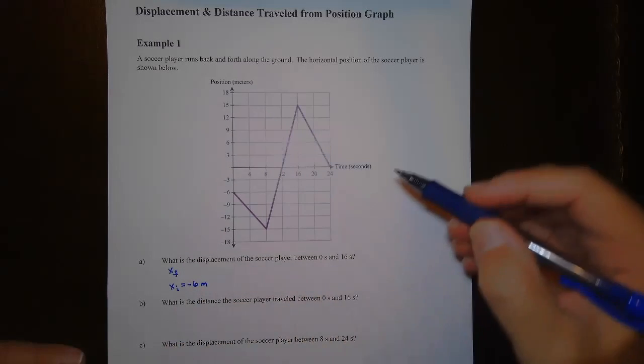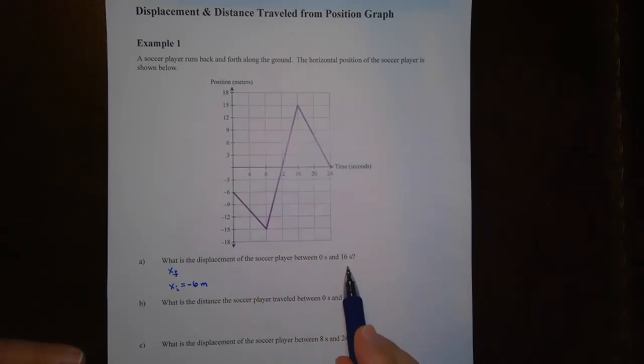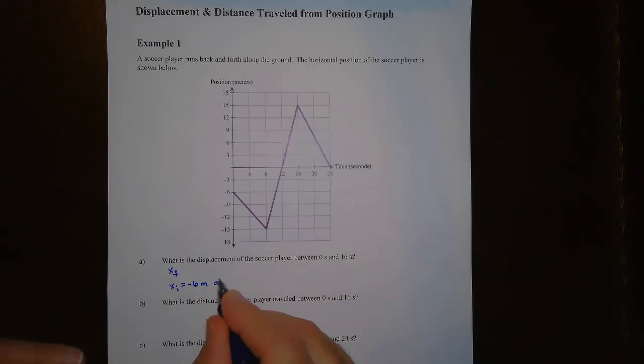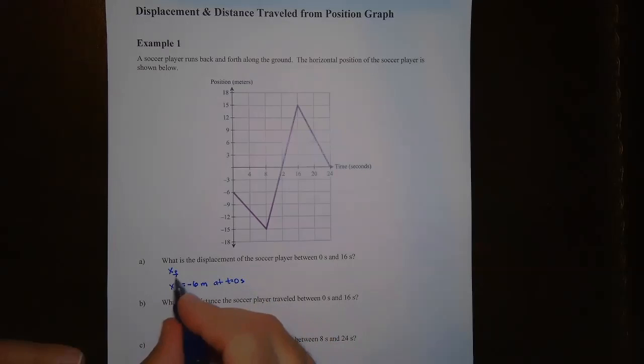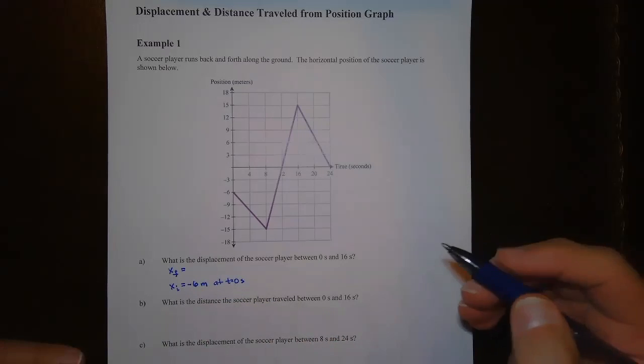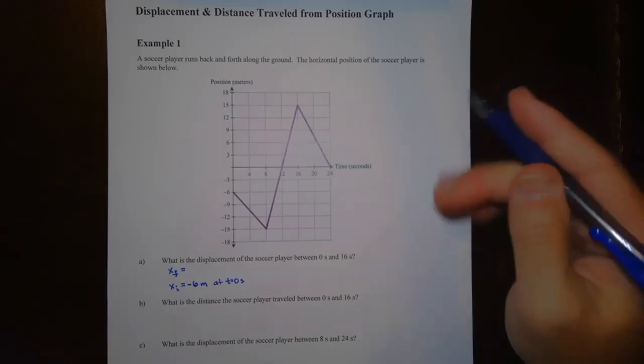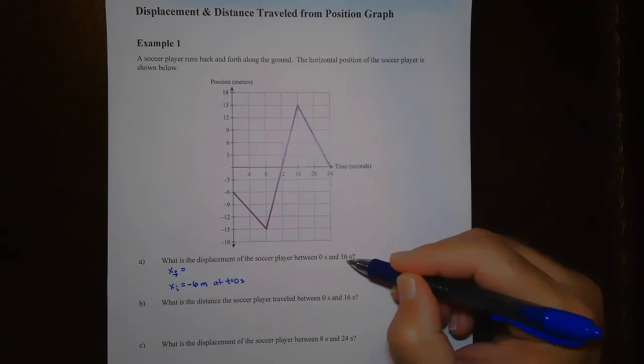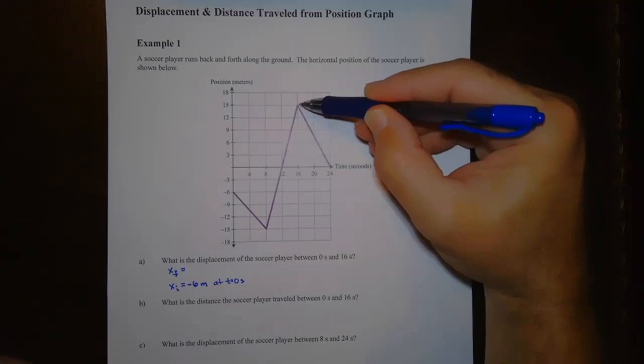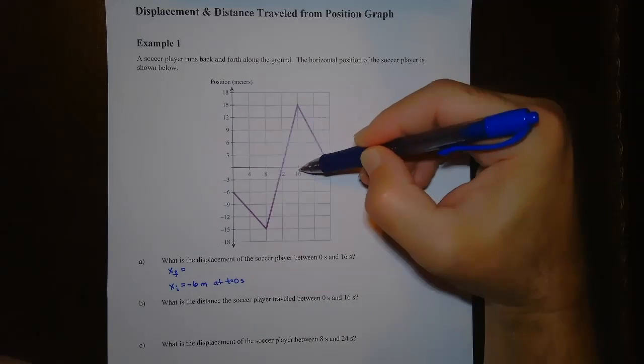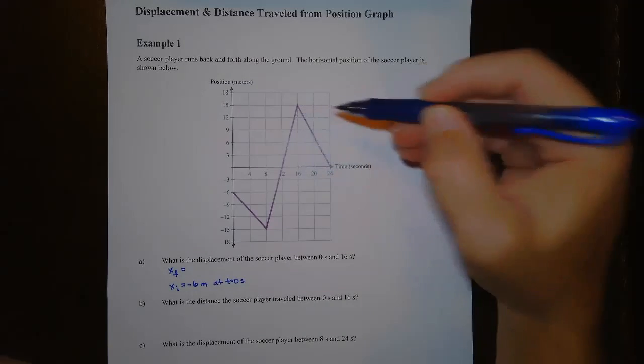And I should say this is at t equals 0 seconds. And then x of f, the final position, is not the final position after everything, but the final position after these 16 seconds. And that would be right here, right after 16 seconds, it'd be at 15.